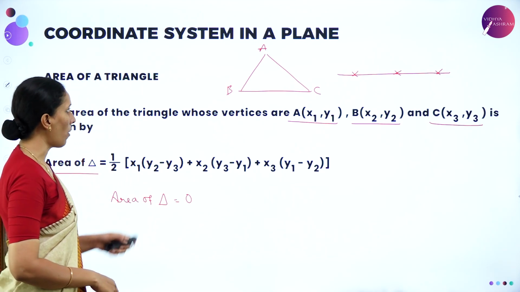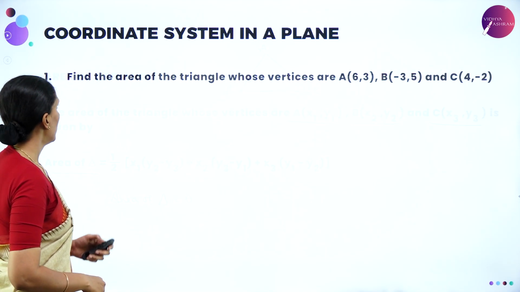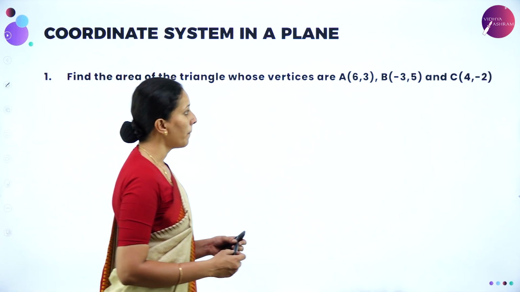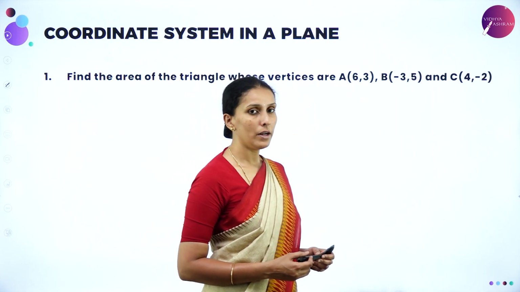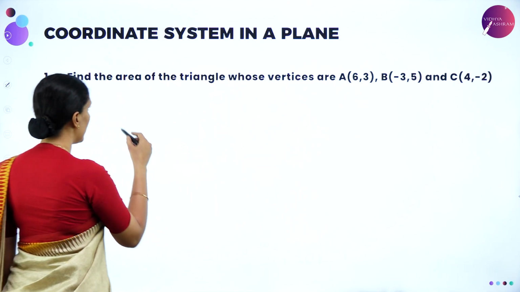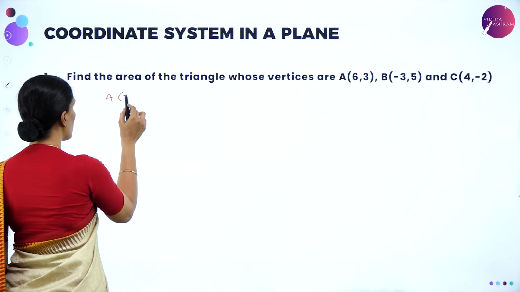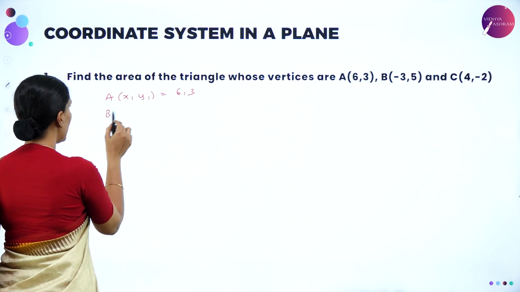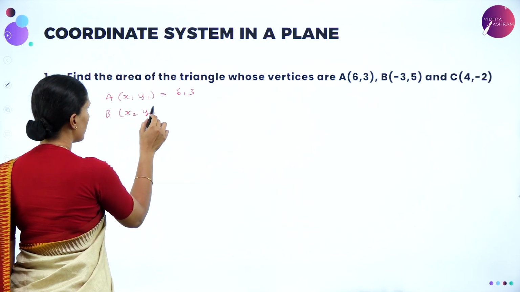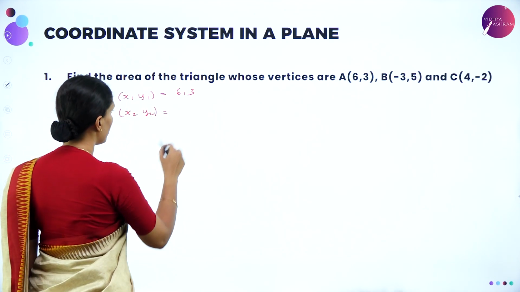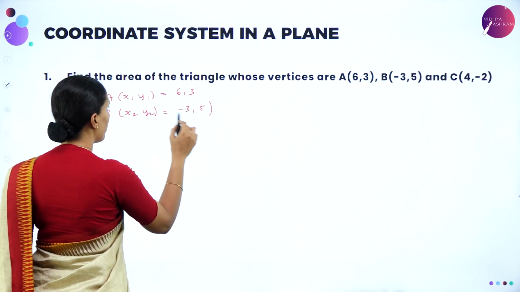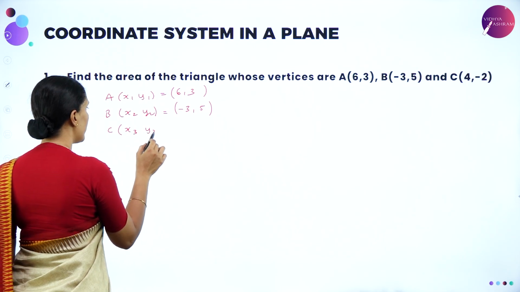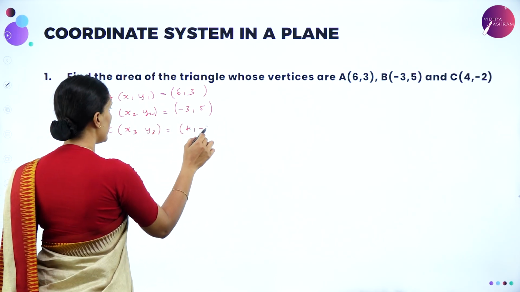Now let us take the problems on area of a triangle. Find the area of the triangle whose vertices are (6, 3), (minus 3, 5) and (4, minus 2). So let me consider this as A (x1, y1) as (6, 3), B (x2, y2) as (minus 3, 5), next C (x3, y3) as (4, minus 2).